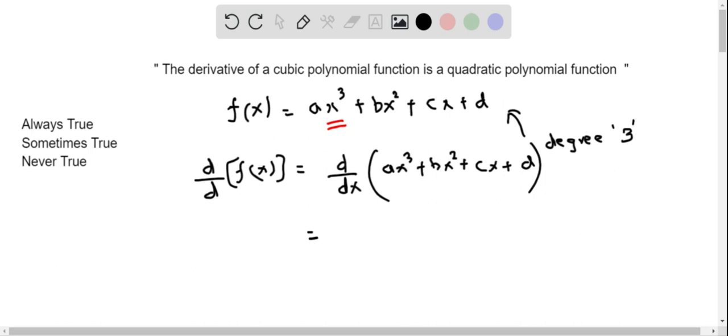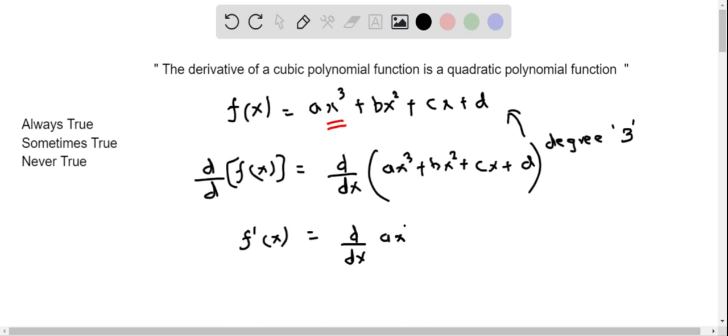Now we can find the derivative. This could be written as f prime of x. Derivative of f of x is f prime of x. Now to find the derivative of this polynomial, which has a sum of 4 terms, we can find the derivative of each term when we use the sum rule of derivatives.